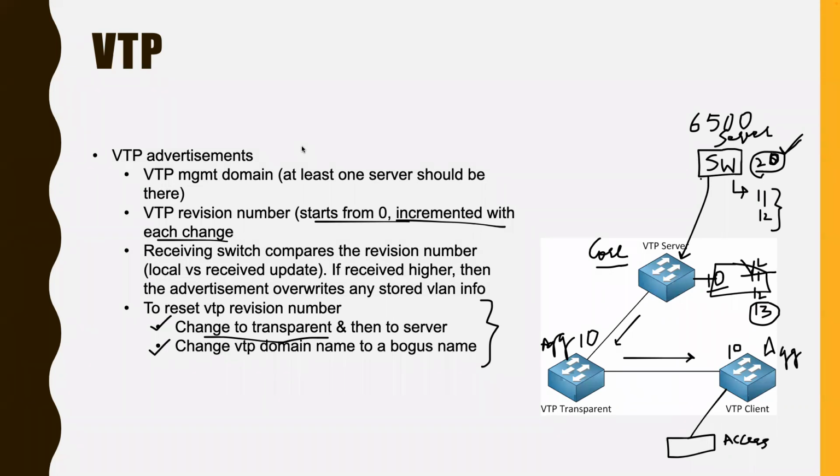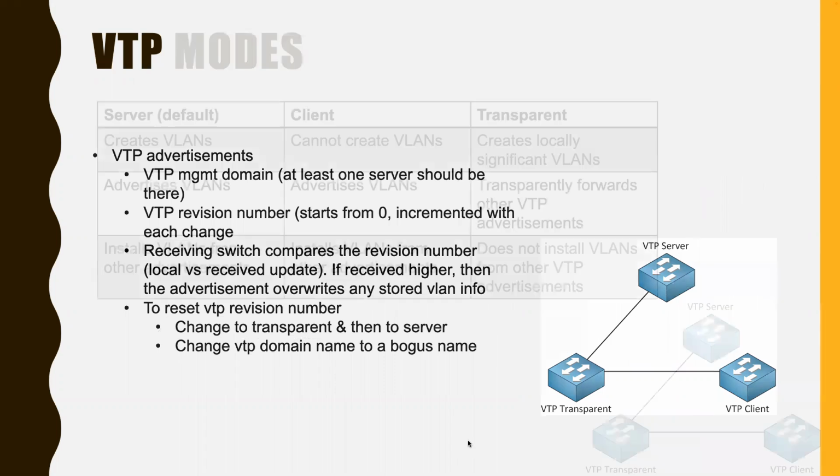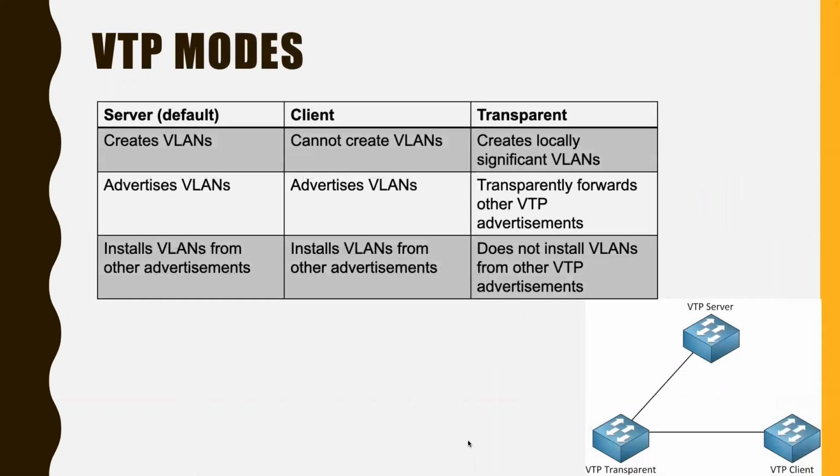Do we have any other protocol to manage VLANs? No, VTP is the only one. VTP has its own versions also: version 1, version 2, version 3. In VTP version 3, there are some enhancements to avoid these things. We'll cover that.